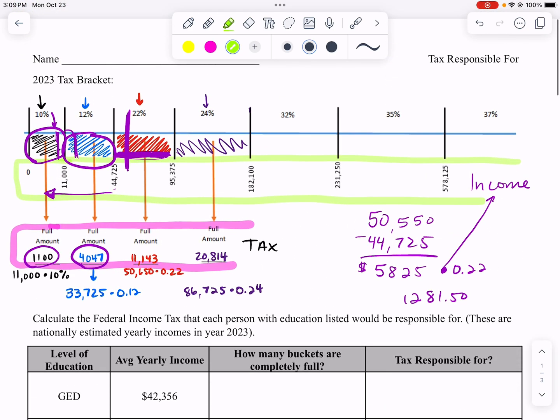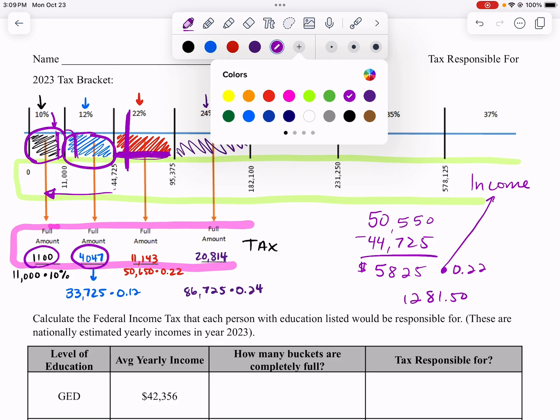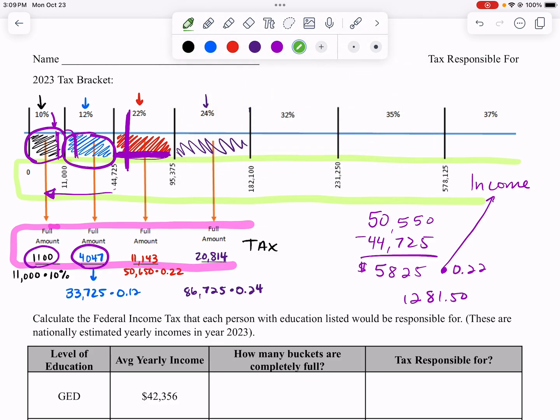So if I come back up here to my example and I try to figure out how many buckets they have filled, well, 108,000 is somewhere in this section right here. So what that means is they've filled up buckets 1, 2, and 3, and there's a partial in this 24% bucket.